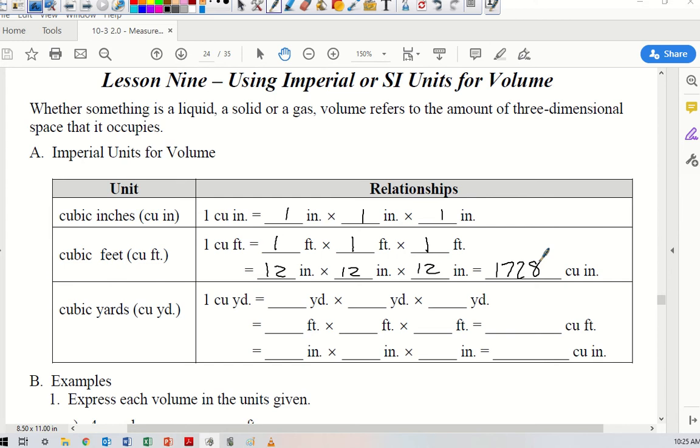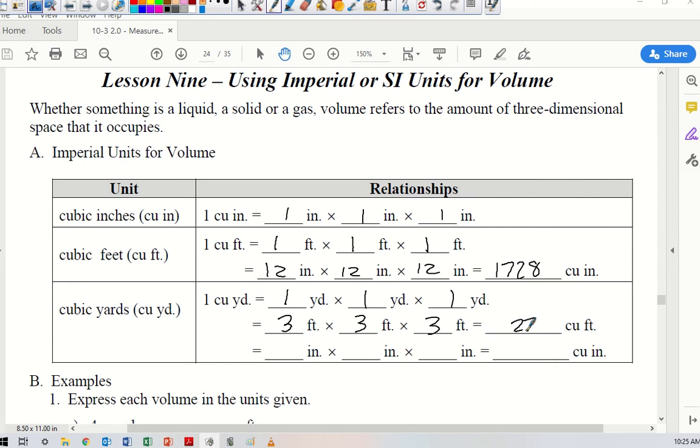You do the same thing for cubic yards. A cubic yard is 1 by 1 by 1 yard, which is 3 feet by 3 feet by 3 feet. And 3 times 3 times 3 is 27 cubic feet. And then you do the exact same thing with inches.